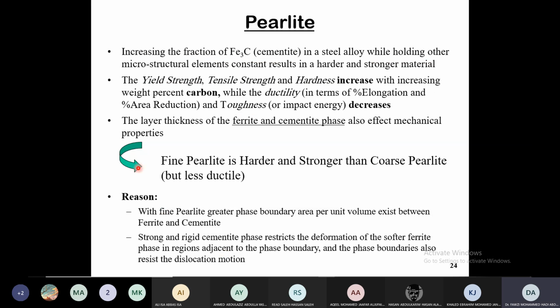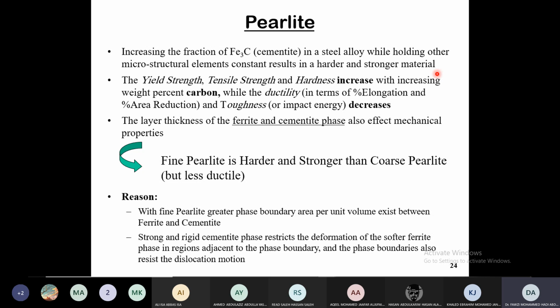Talking about pearlite, increasing the fraction of the cementite in the pearlitic structure in the steel alloy, while holding the other microstructural elements constant, results in a harder and stronger material. So as you add the cementite, you add more hardness and more strength to the material.